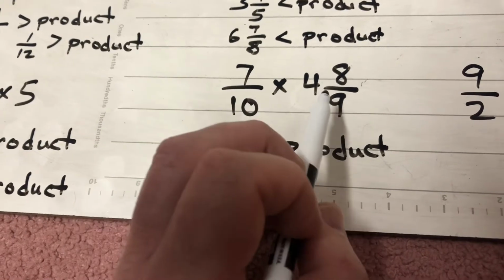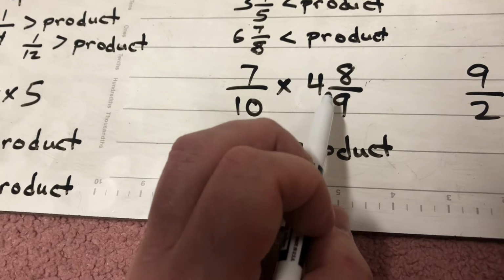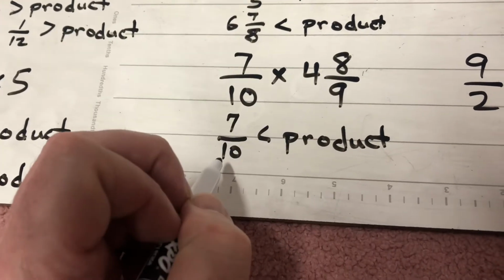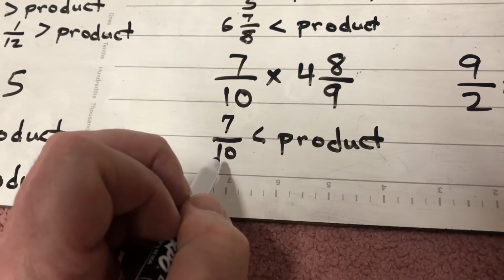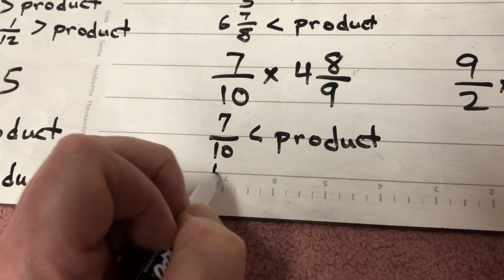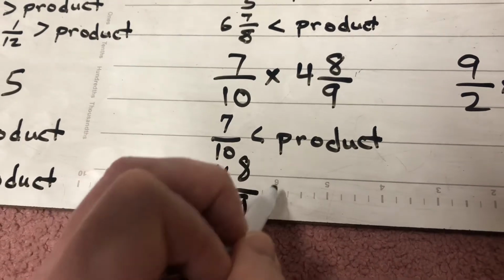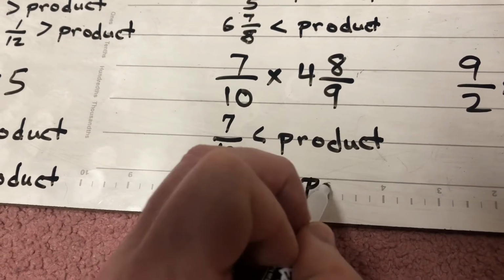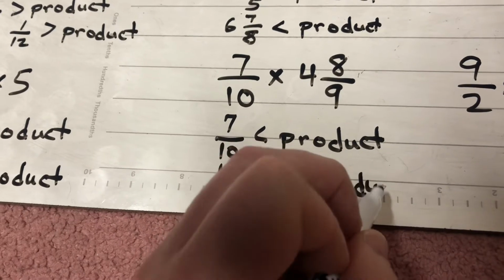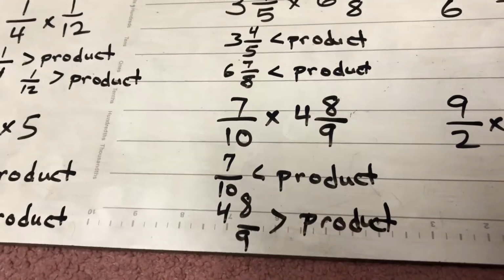So I'm not even counting this one time. So my answer is actually going to be less than 4 8/9, which tells me that 4 8/9 is going to be greater than my product because I'm counting it not even one time.